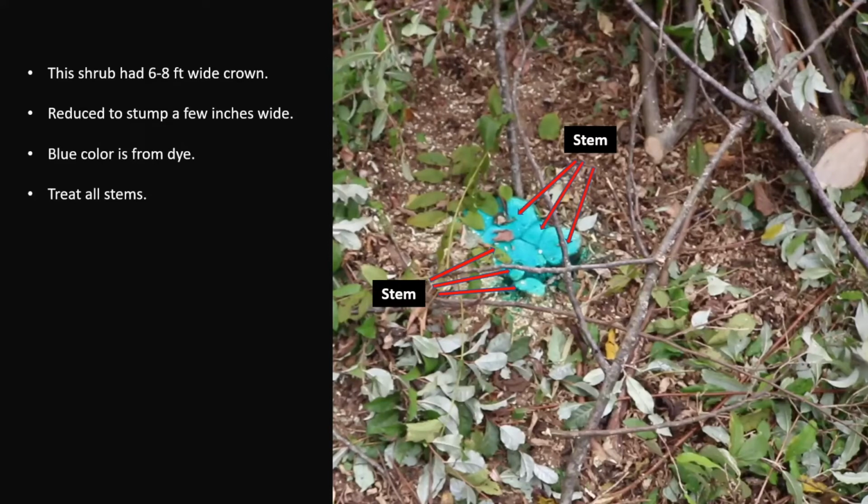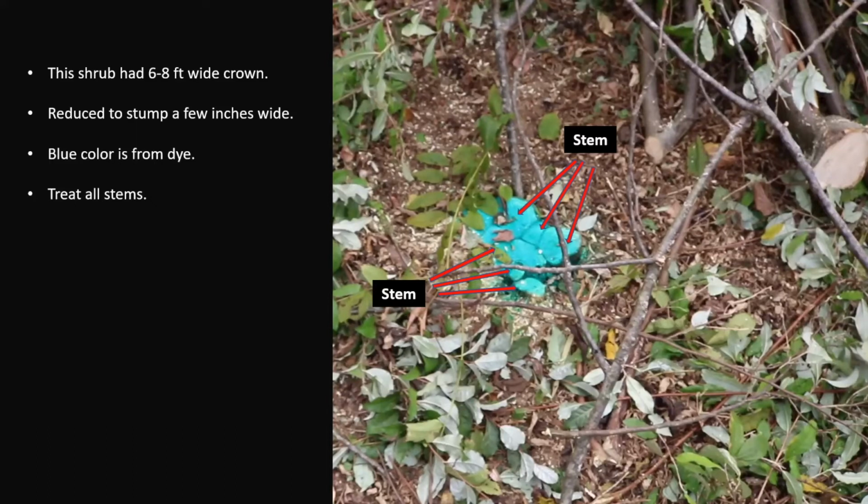Another thing you'll notice is that it's blue. So every time you're doing cut stump treatments, basal bark treatments, like Logan described, also that Eric brought up, you always want to use some kind of spray indicator. The product you buy may not be called dye, it may be called turf marker, spray indicator, or something like that. It tells you where you've been, because it only takes a few plants before they get buried in the leaves and the dirt and the debris, or the color just blends in with the ground.